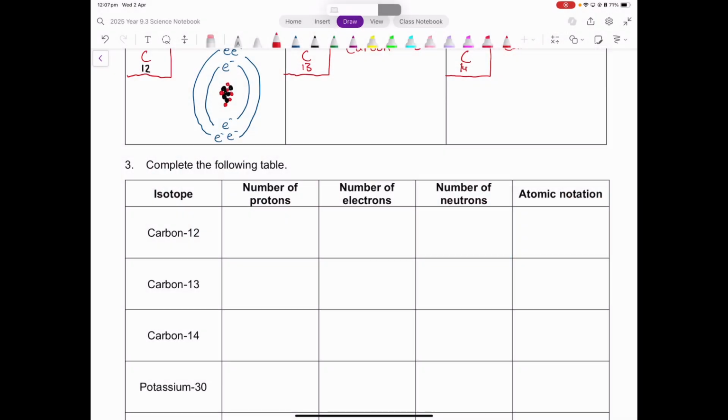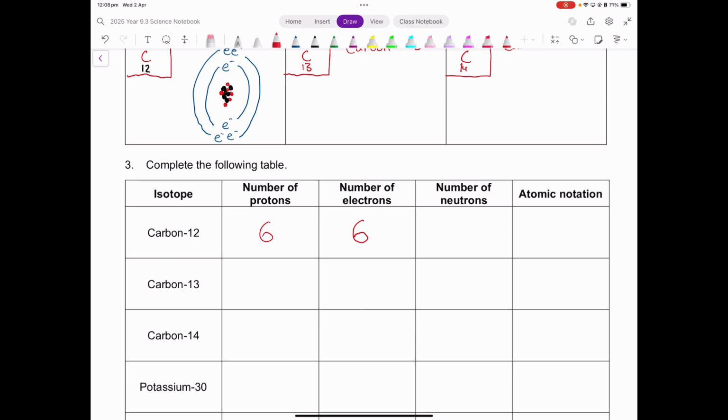When we look at carbon 12, the number of protons is the same as the atomic number. So carbon's atomic number has stayed the same in all of these scenarios. So the atomic number, the number of protons for carbon 12 is going to be 6. The number of electrons, does that change in an isotope? The answer is no, and so that also remains as 6.